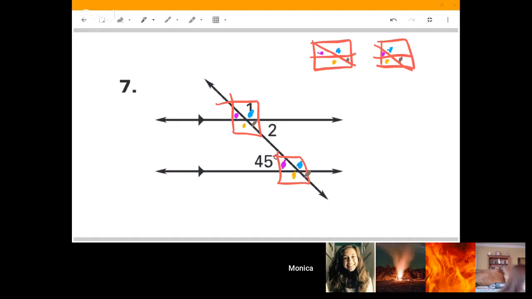And corresponding angles, what do we know about corresponding angles? Yes, corresponding angles are congruent, okay? Also, when you look at this pink angle and this brown angle, what type of angles are those?